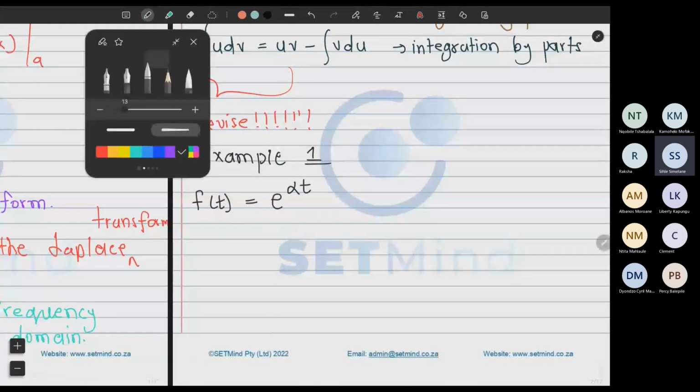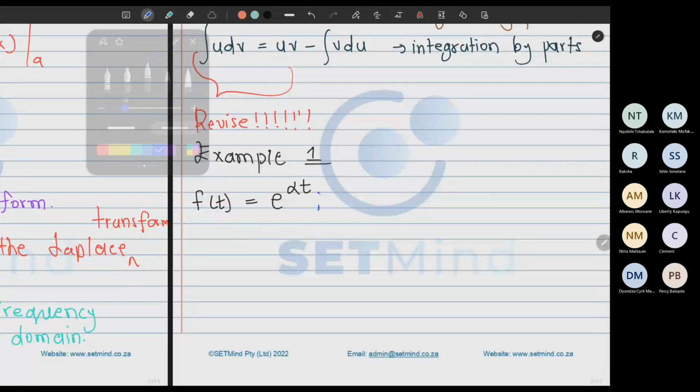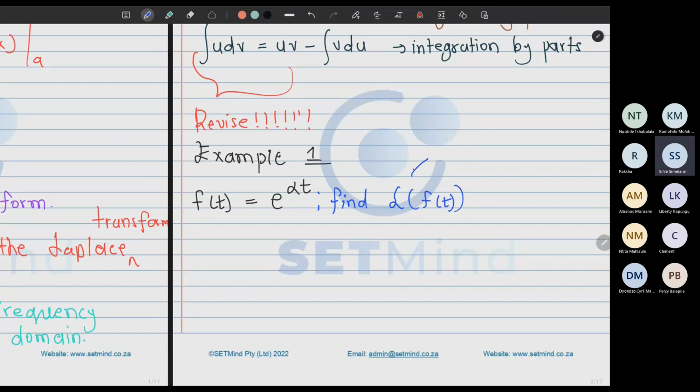So let's put the question here. The question is find, which all of this means is the Laplace transform of f of t. That's what we need to find.